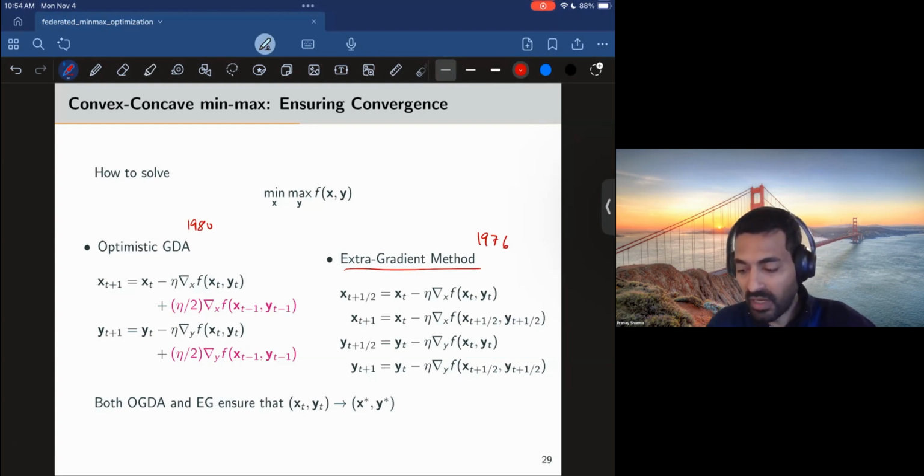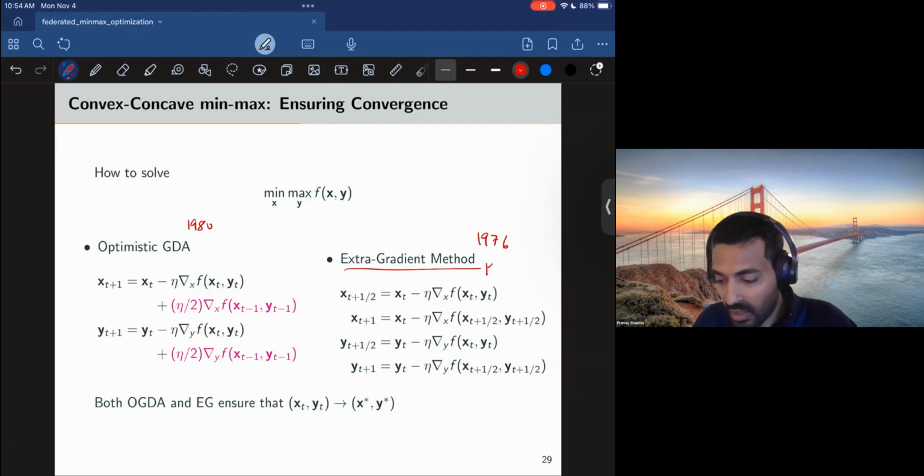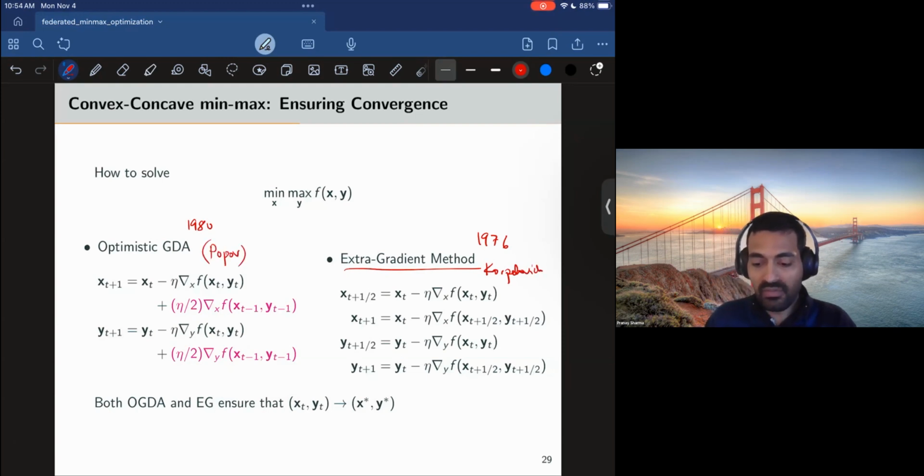The other was, I think, proposed by a Russian mathematician named Korpelevich. I think this was Korpelevich, and this was Popov. But their finite time convergence was proven maybe 5 or 6 years back. So yeah, a lot of recent work in this direction.